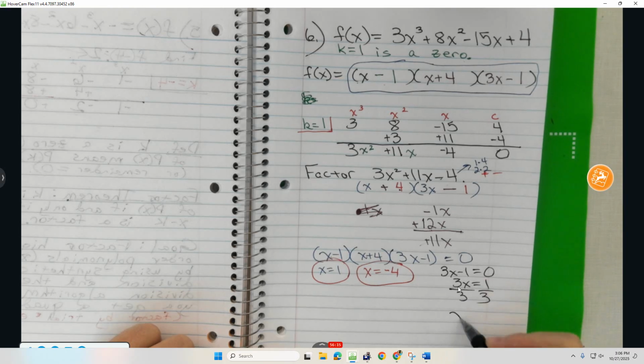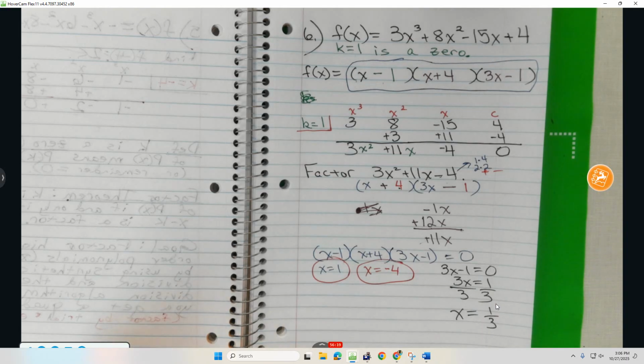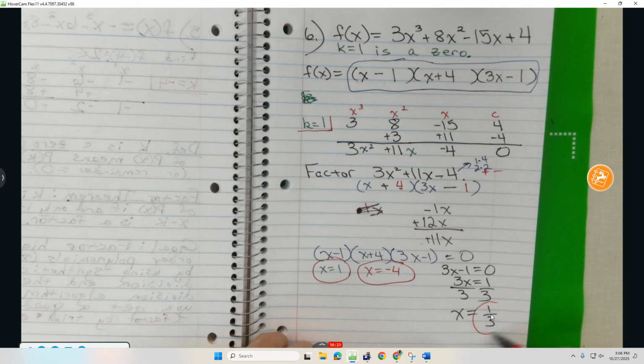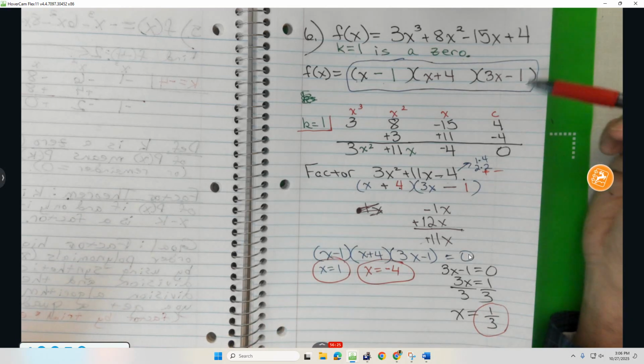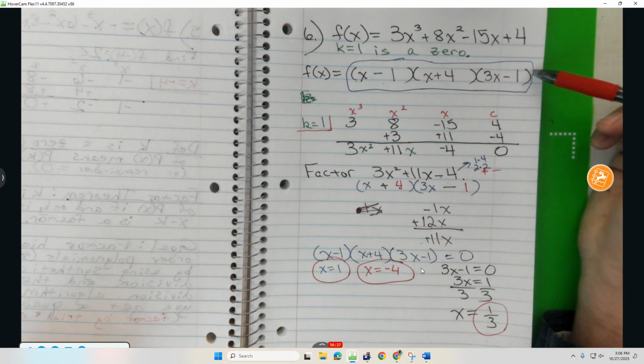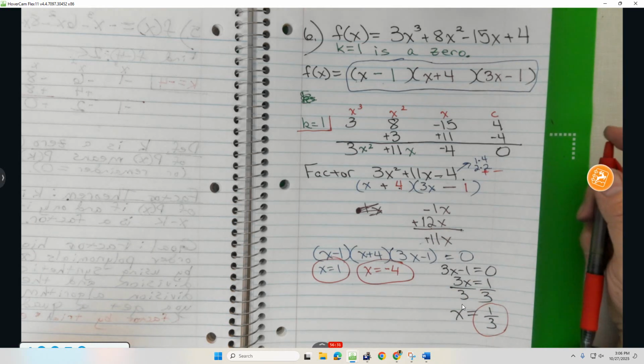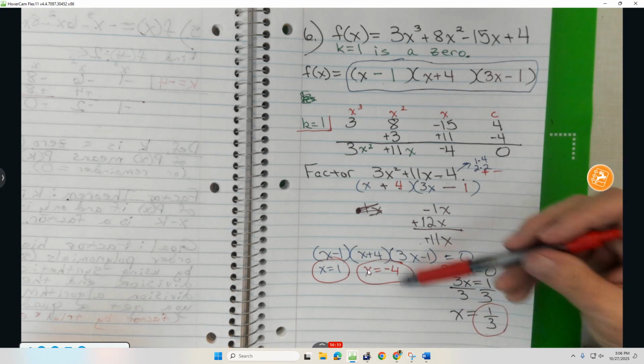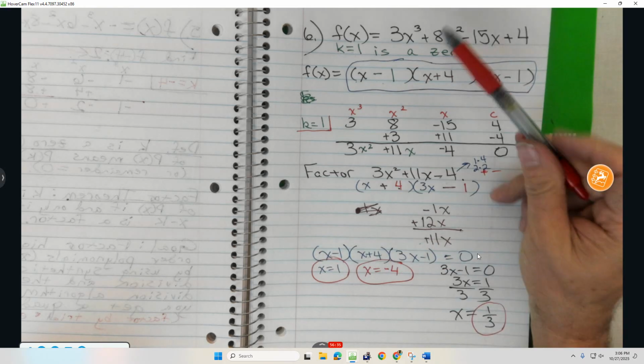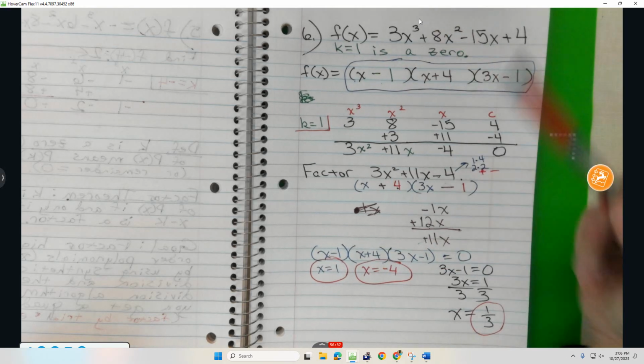A positive 1/3. So we now have a way of not only factoring higher order polynomials, but we can also set those things equal to 0 and solve them. And the number of unique solutions cannot exceed the largest exponent.